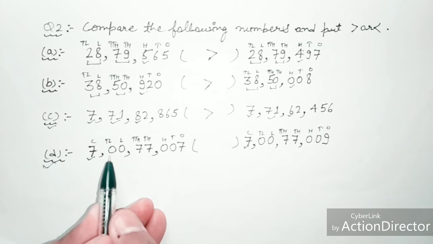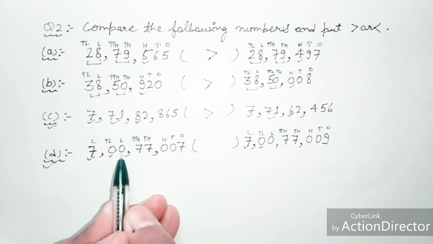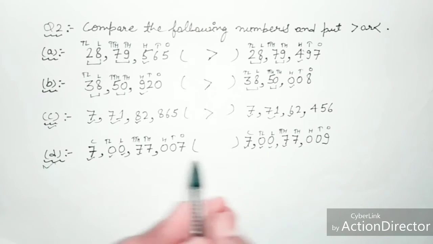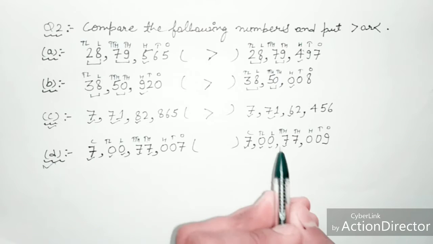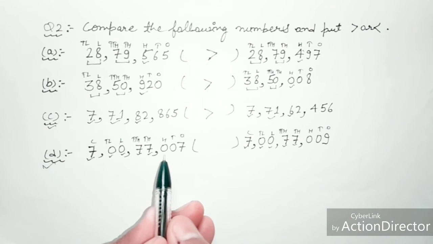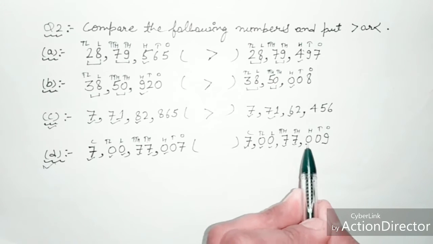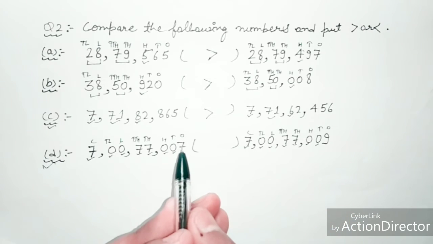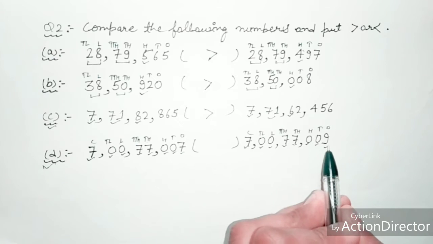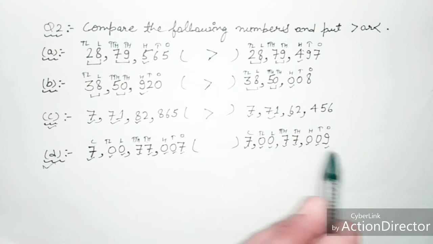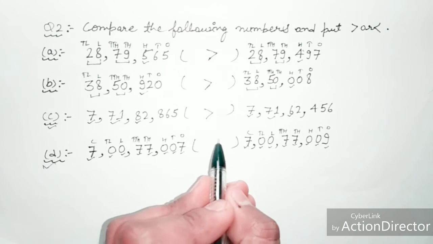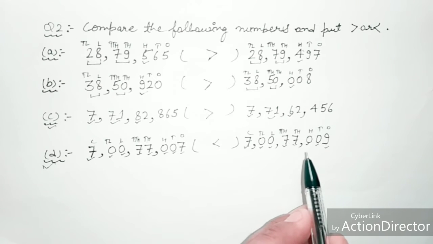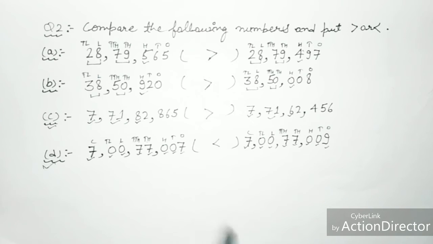Now 10 lakh place is 0 and 0 here, lakh place 0, 0 here, 10,000 place 7, here also 7, 1000 place 7, here also 7, and 100 place 0, here also 0, 10 place 0 and 0, and now ones place 7 and here 9. 9 is greater as compared to 7. So this number 7 crore 77,009 is greater as compared to this number.